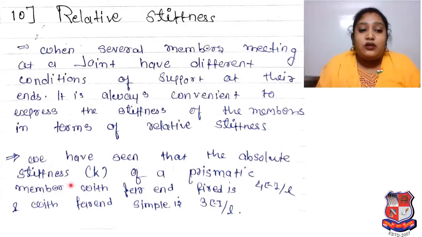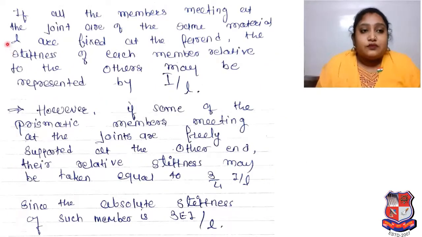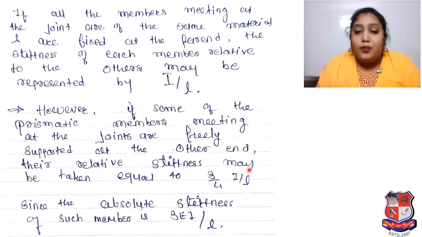We have seen the absolute stiffness K of a prismatic member with far end fixed is 4EI by L and with far end simple is 3EI by L. If all the members meeting at the joint are of the same material and are fixed at the far end, the stiffness of each member relative to the others may be represented by I by L. However, if some of the prismatic members meeting at the joints are freely supported at the other end, the relative stiffness may be taken equal to 3/4 I by L. Please keep these values in mind, that will be helpful to calculate problems.